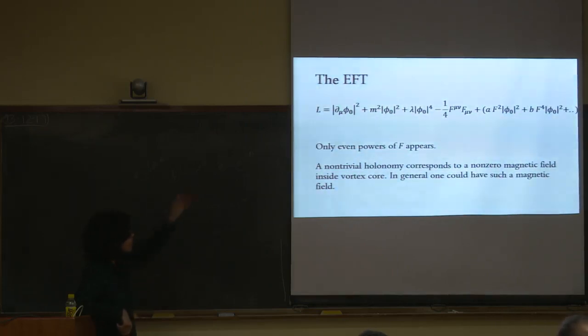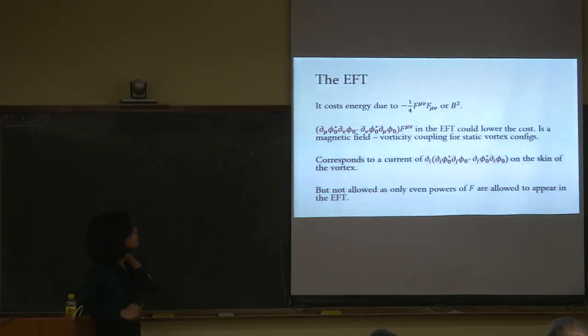So could you write a term that would couple the vortex configurations in phi naught with the gauge field in such a way that you could get a magnetic field? In general, you could write such a term, and let me write that term. It's an antisymmetric derivative of phi naught star and phi naught coupling to f mu nu.